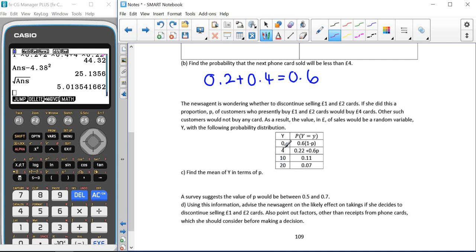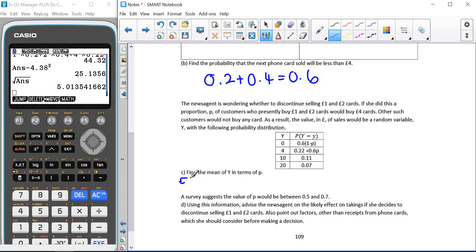So here we can see that we've got a new value which is 0, which are the customers that are deciding not to buy anything. And on top of the 0.22, which was the probability of people buying £4 cards before, we have 0.6 times P. And we're trying to find the mean value for Y in terms of P. So this time we can't use our calculator, we're going to have to do most of this by hand.